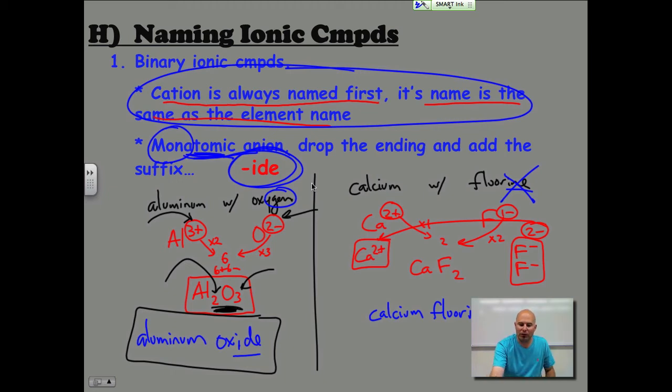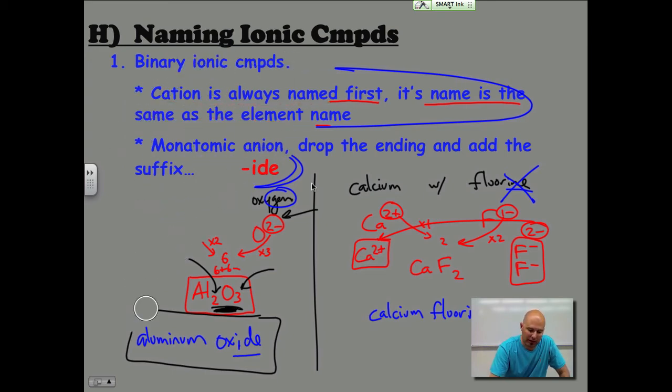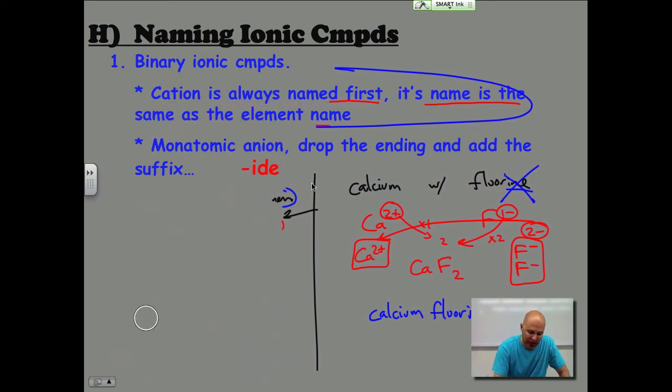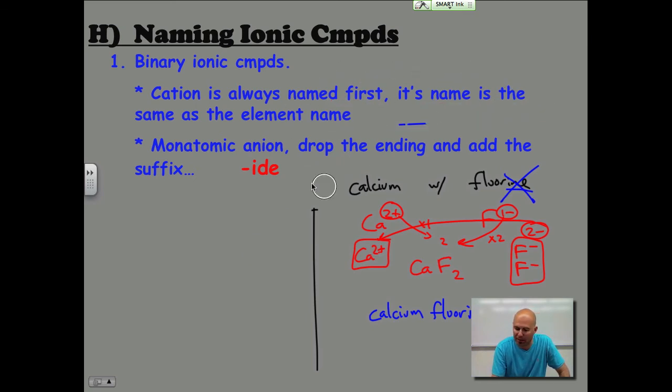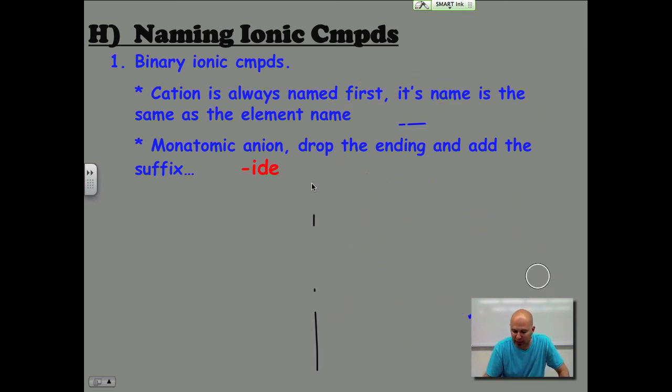All right, if I now would say, let me give you the formula of something. So basically what we've been just looking at is if you put a couple together, oxygen, aluminum, whatever. But what happens if I give you the name of something and ask for the formula?